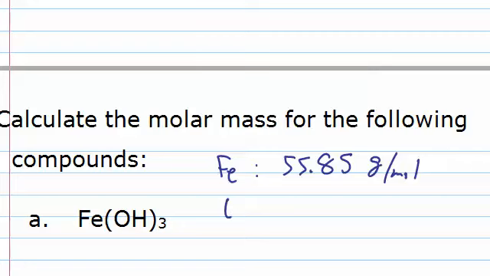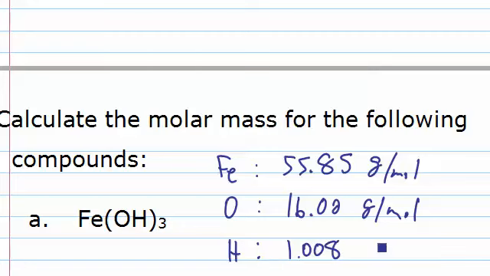Then we have oxygen. We have a total of 3 hydroxide groups, so that's a total of 3 oxygens and 3 hydrogens. Each mole of oxygen has a mass of 16 grams per mole. And hydrogen is, of course, 1.008 grams per mole. Again, I'm using 4 sig figs for all of these values.